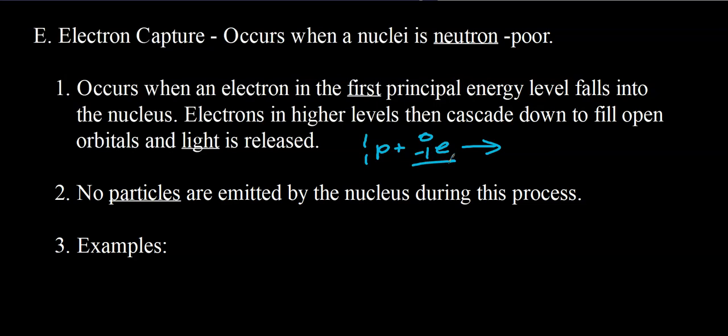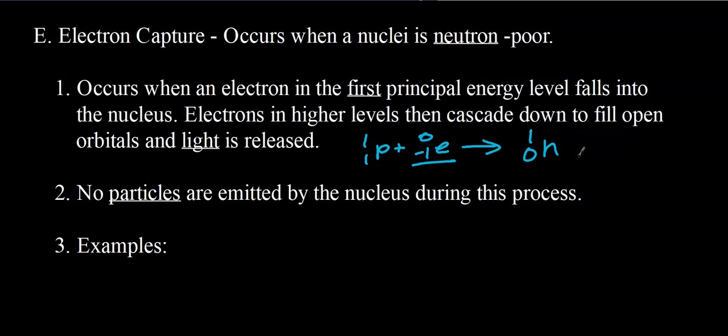So proton combines with an electron to make what? So we get a mass of 1, 1 plus -1 is 0, charge is 0. What is that? Neutron. So once again, we see that a proton is being converted into a neutron. So mass does not change, charge will decrease by 1.